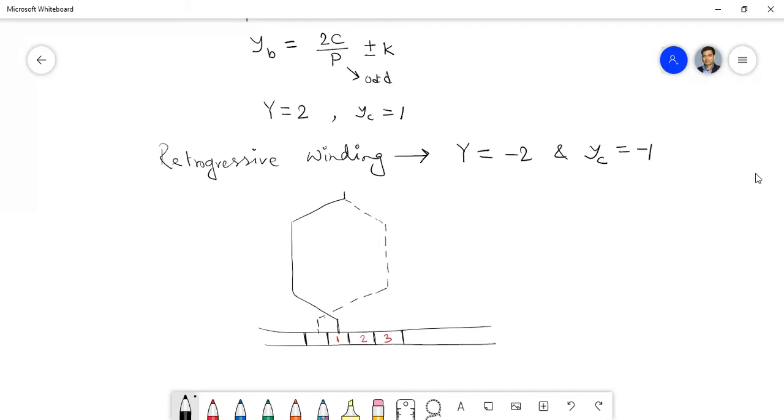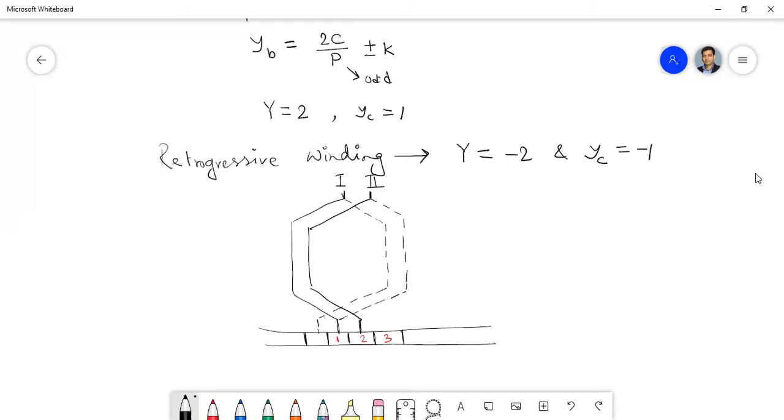Okay, so this is in this way. This is the coil number 1 and this is the coil number 2.